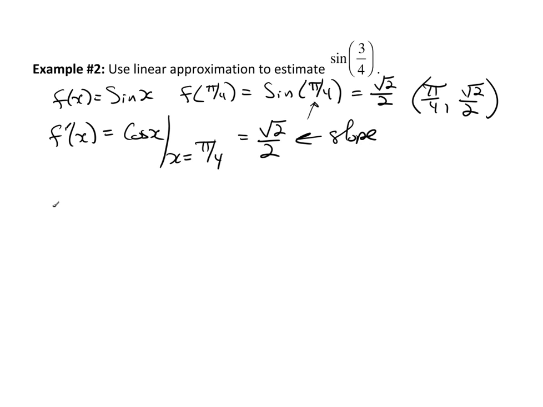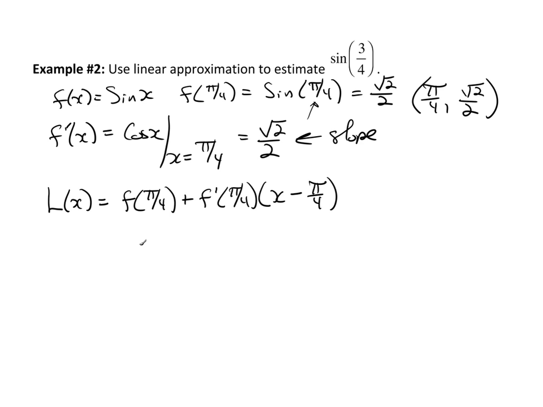Now I'm going to change notation just slightly because I want you thinking about this. I'm going to jump right to the linearization notation. So the linearization of x is equal to f of pi over 4 plus f prime of pi over 4 times x minus pi over 4.